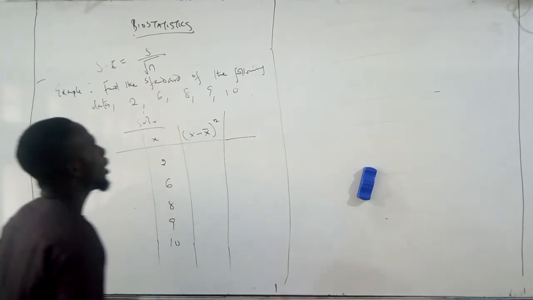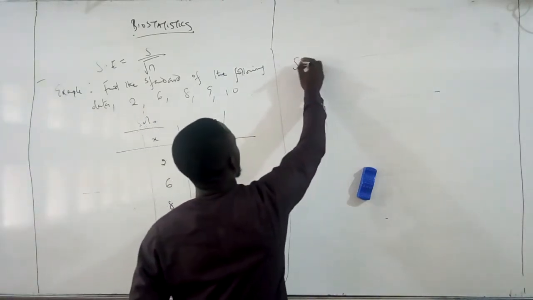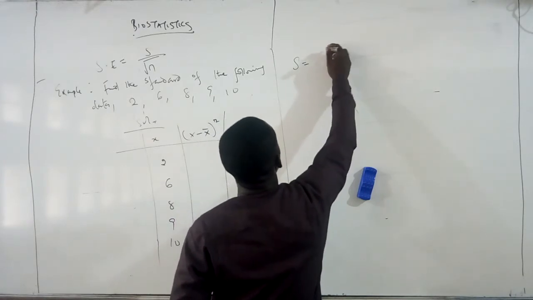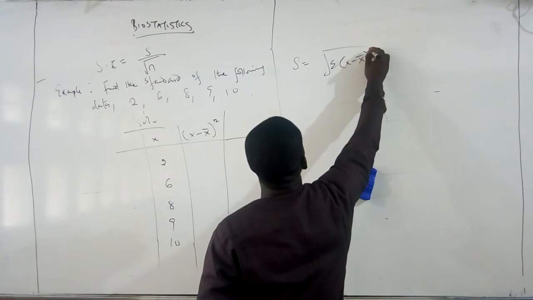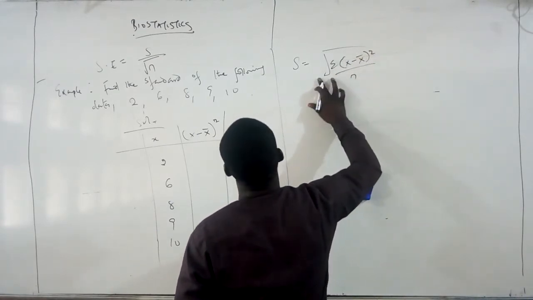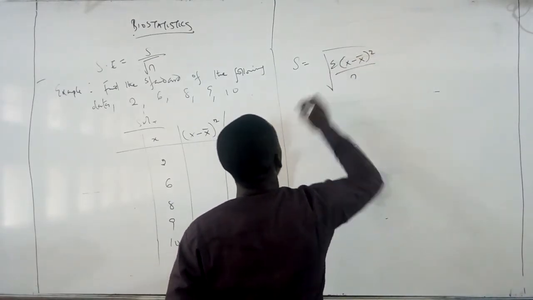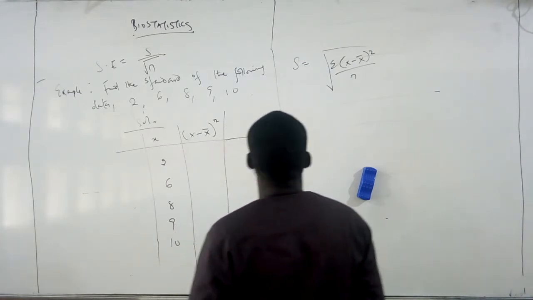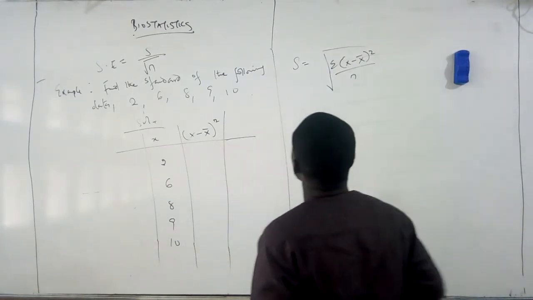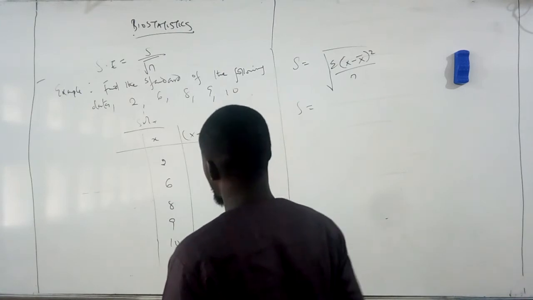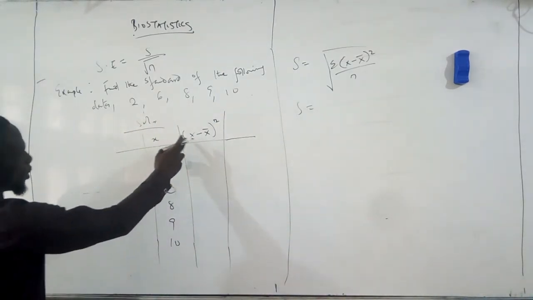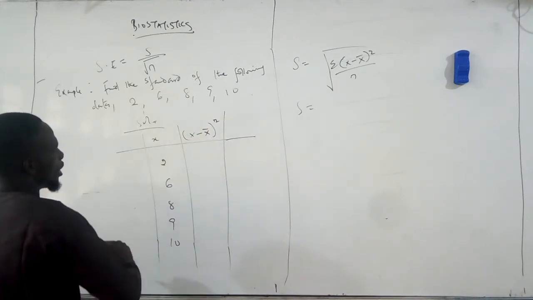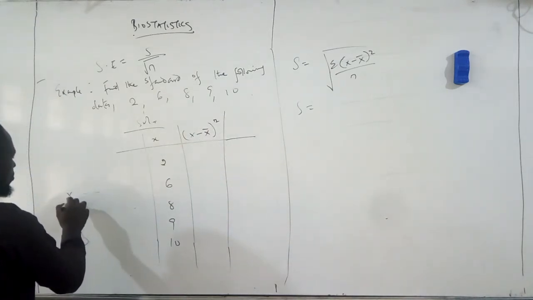Okay? So now, looking at this, what is the mean of this particular data? Remember, to find our standard deviation, we can simply use root of x minus x bar all squared, all over n, isn't it? So we first of all need to have our mean.